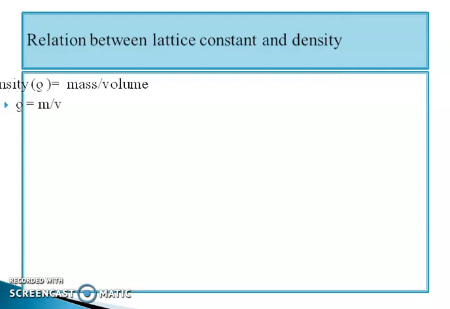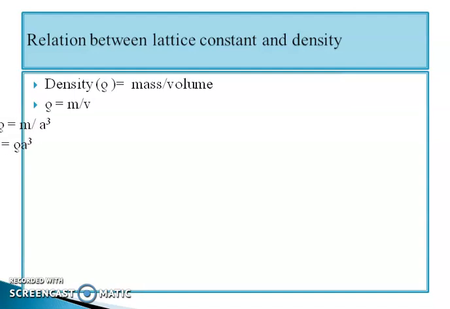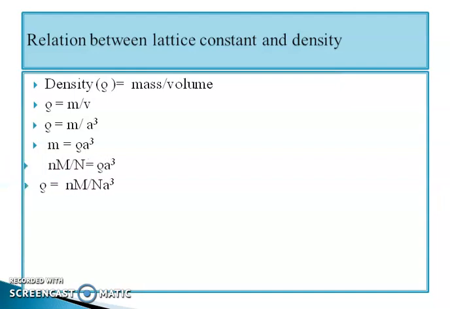To continue with this, let density rho be equal to mass upon volume, that is m by V, or rho is equal to m by a cube, and therefore mass m is equal to rho a cube. From the previous slide, we know that mass small m is equal to small n into capital M by capital N, which is equal to rho a cube.